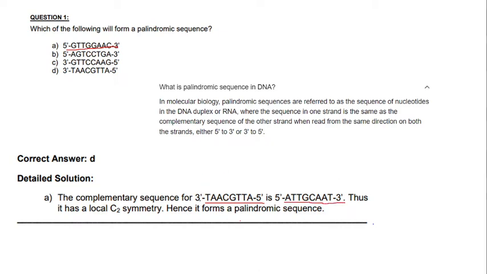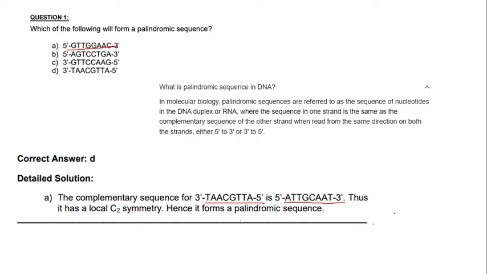Once you read from 3 prime to 5 prime, you have the same sequence. If you read from 3 prime to 5 prime, you have T A A C G T T A, and in the complementary sequence, if I also read from the same direction, 3 prime to 5 prime, you have T A A C G T T A. So this is a palindromic sequence.